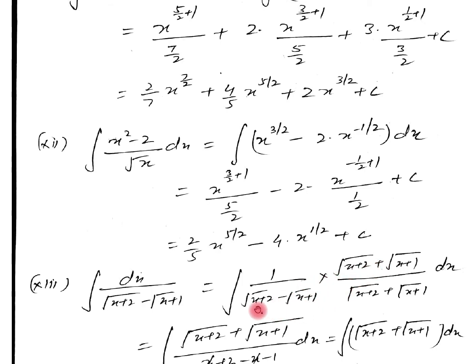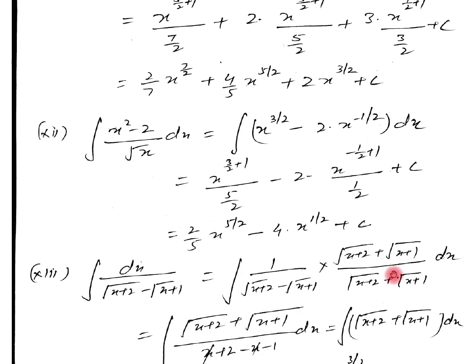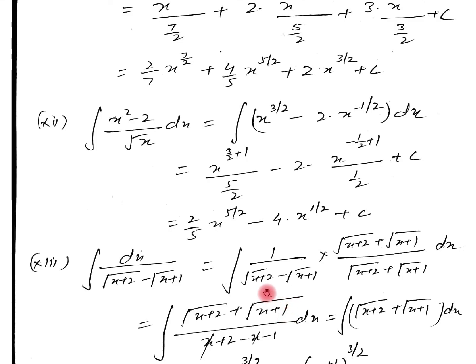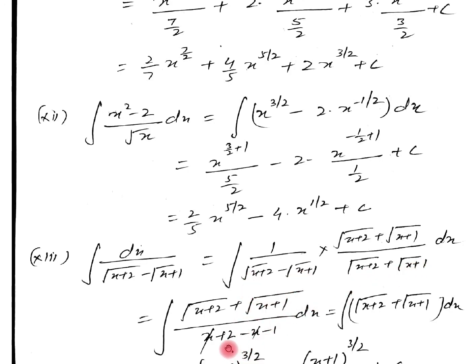In the same way we are rationalizing the denominator by multiplying and dividing by this quantity. Now the numerator will be under root x plus 2 plus under root x plus 1. In the denominator we can use a minus b into a plus b, meaning a square minus b square. So it will be what? x plus 2 minus x minus 1.